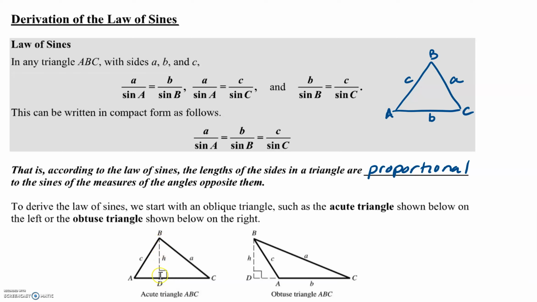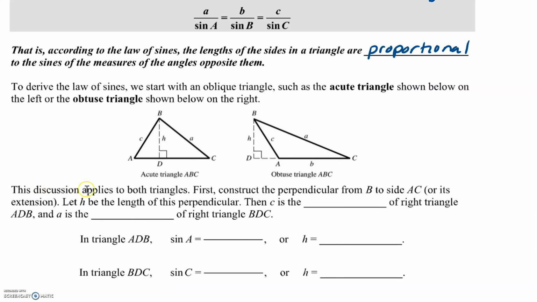So we're going to have our angle ABC, which is the same configuration I had on my drawing, and then we're going to look at the height with this acute angle or the height of the obtuse angle. Again, this discussion applies to both triangles. So we're going to first construct the perpendicular from B down to AC, or its extension over here.